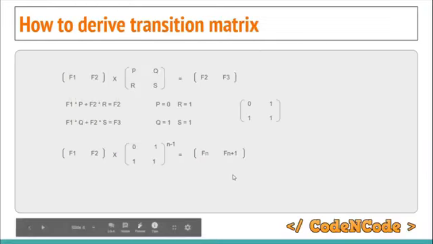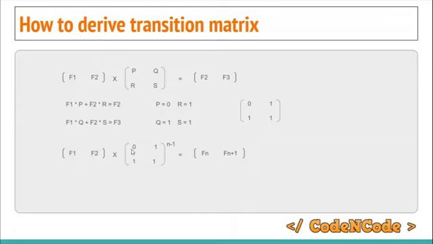I contains T raised to power n minus 1. And after we have calculated T raised to power n minus 1, all we have to do is take the first element, multiply it with I11 plus second element I21, and then that would be the nth term.